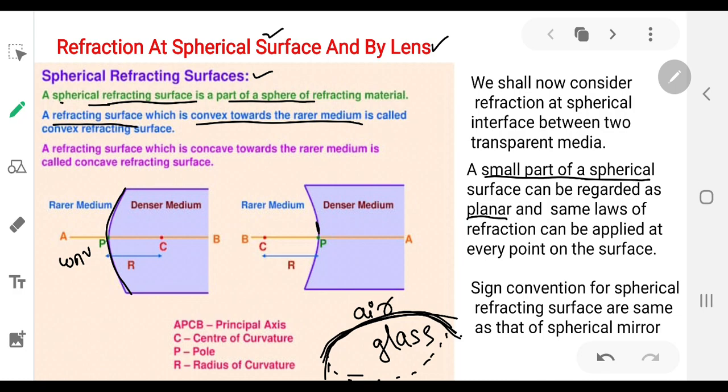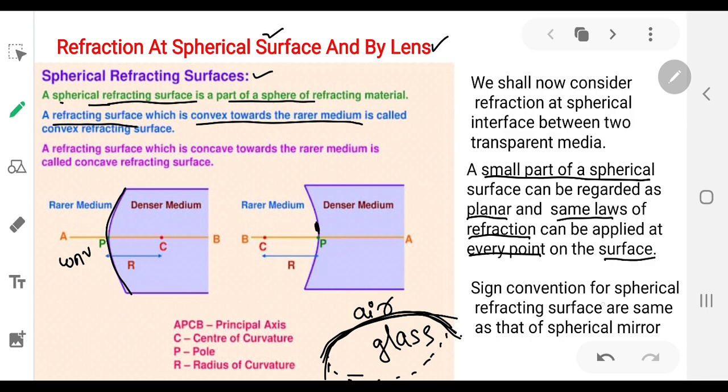If you take a small portion, it is almost considered as a plane surface. Then the same laws of refraction can be applied at every point of this spherical surface. The first law and the second law, that is Snell's law, are both applicable for the spherical refracting surface also.